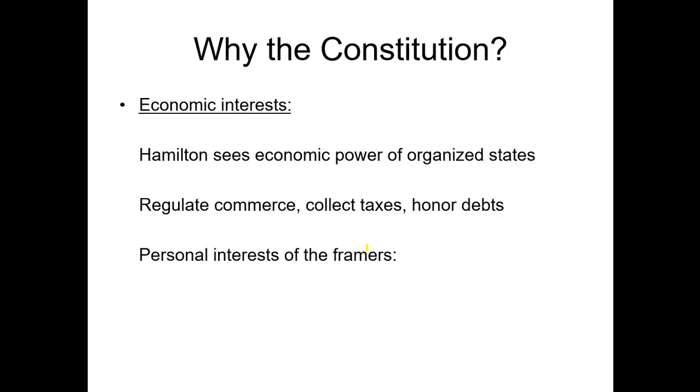There was also the economic interests of the states, that if we could get them together. Hamilton was, of course, very foresightful. He was also our first Secretary of the Treasury. Hamilton had been advocating for a while, as we saw in our earlier slide, trying to get a convention together to get everybody on the same page.